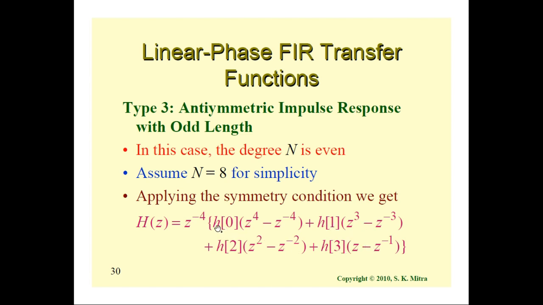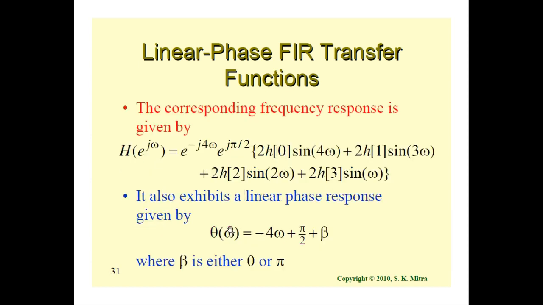So there will be a factor 2j common in all these terms, whereas we will have sin 4ω, sin 3ω, sin 2ω and sin ω. That j factor can be written as e^{jπ/2}. Using the Euler identity, this will give us cos(π/2) plus j sin(π/2), which will be equal to j. And these are the terms representing our amplitude response inside the curly bracket.